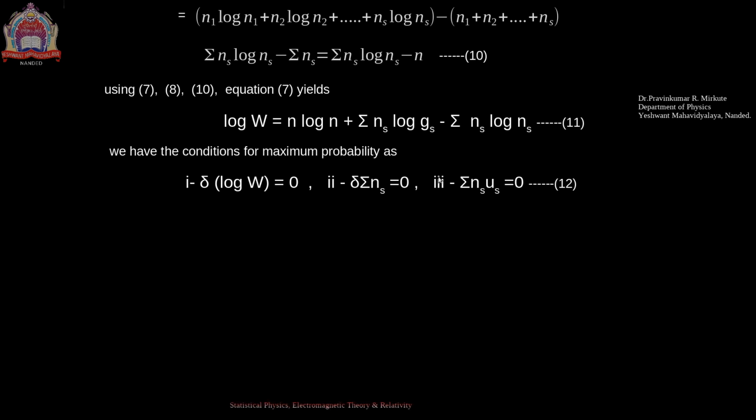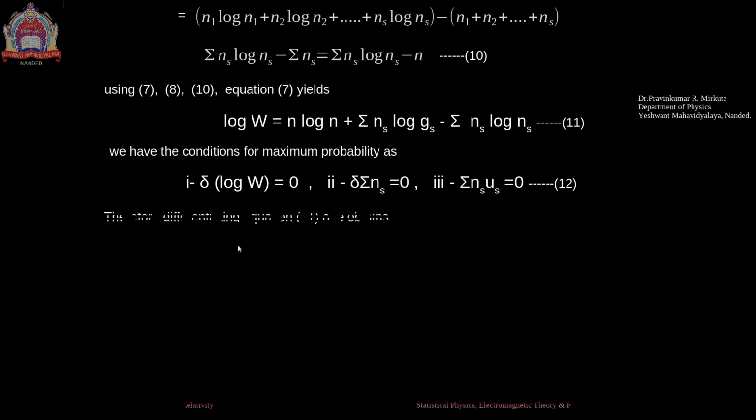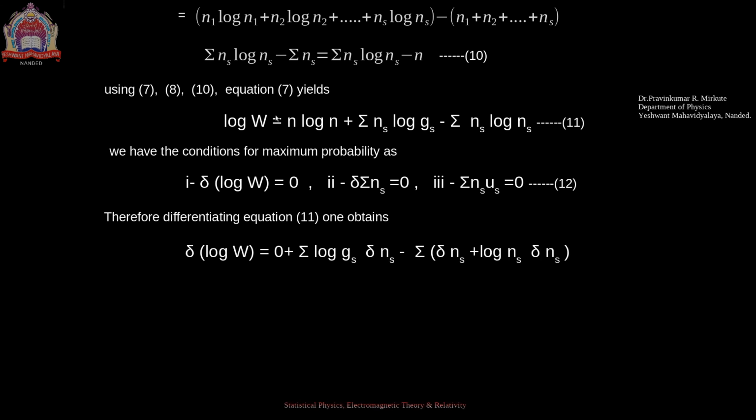By using these equations, take the differentiation of equation 11, one obtains del log W is equal to 0 plus summation log gs del ns minus summation del ns plus log ns del ns.